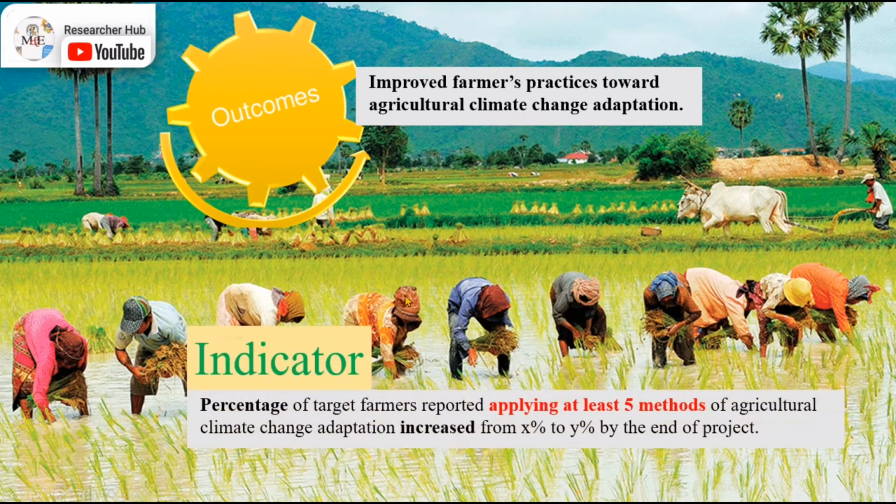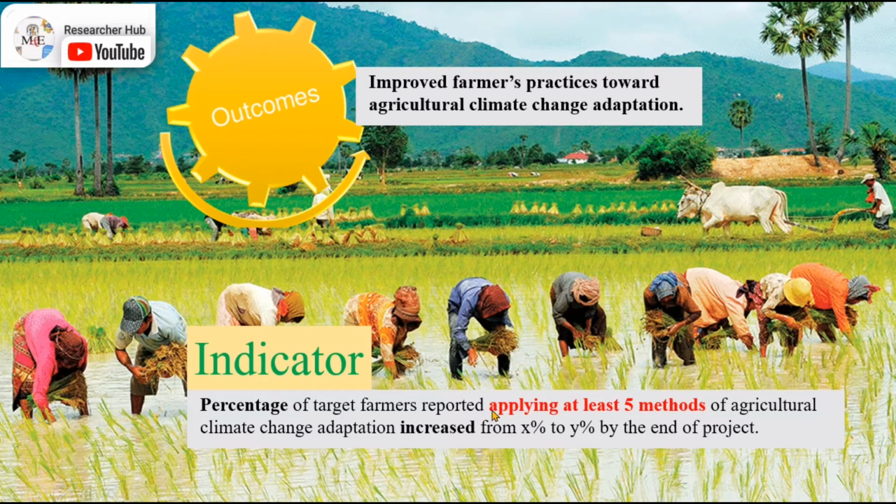One of the indicators used here: percentage of farmers reported applying at least five methods of agricultural climate change adaptation increased from X% to Y% by the end of the project. As I mentioned earlier, there's a percentage at the beginning, and there's a verb of change here.